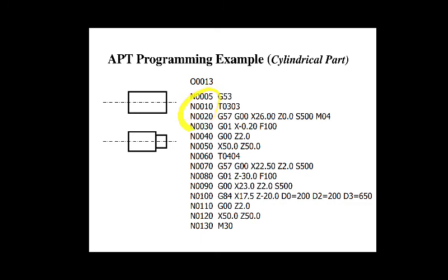Now I am once again going to repeat this. Why is N005 here, why not N0001? I'm going to repeat in detail for the N code. As we know, it is a sequence number and it is used to identify each block within a program, and it provides a means by which commands may be rapidly located.